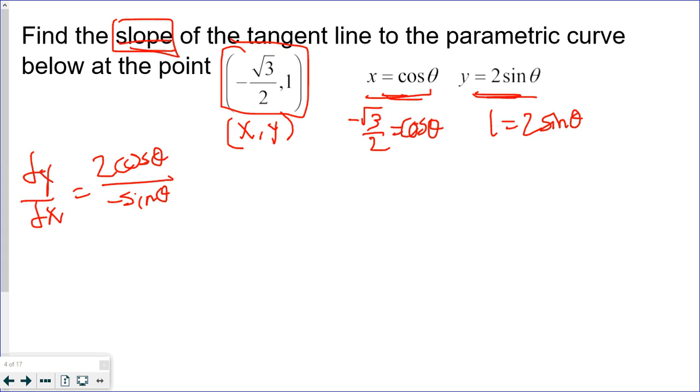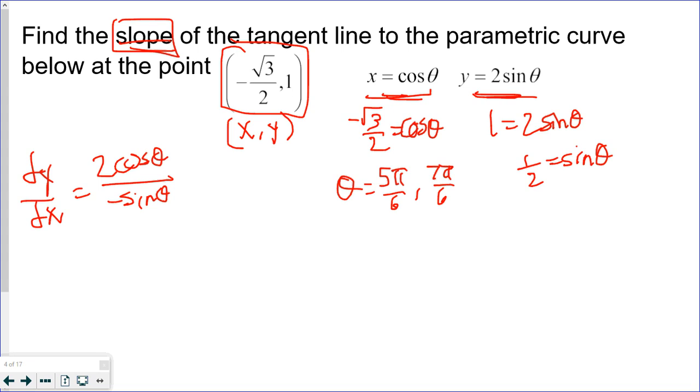So for instance, where is cosine of theta equal to negative square root of 3 over 2? Well, think back to your unit circle. It's going to be negative in the second and third quadrant, so that is 5 pi over 6 and 7 pi over 6. And where is sine of theta equal to 1/2?